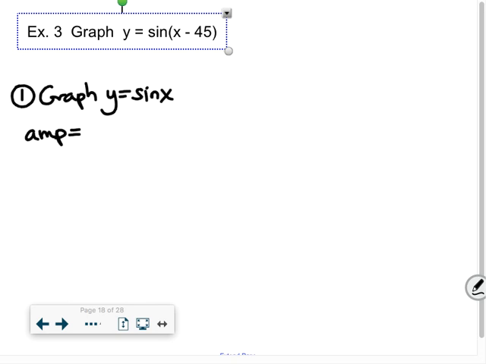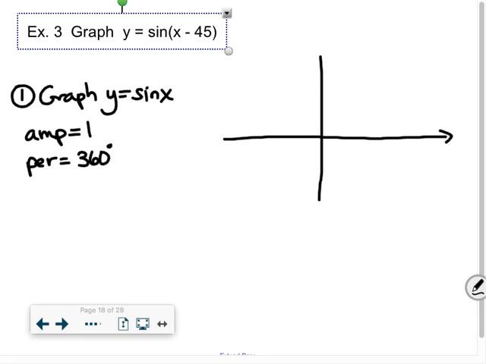So my amplitude is 1. The period length is 360 over 1, or 360. So I know these first two aren't very interesting because all I'm doing is the up, down, and the left, right.